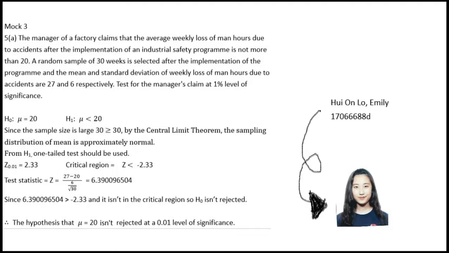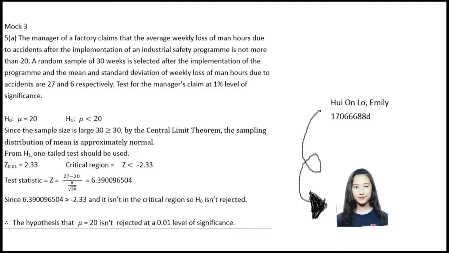In order to find the test statistic, the formula of mean minus mu over standard deviation over square root of sample size will be used. So we have 27 minus 20 over 6 over square root 30, and the result will be 6.390096504.